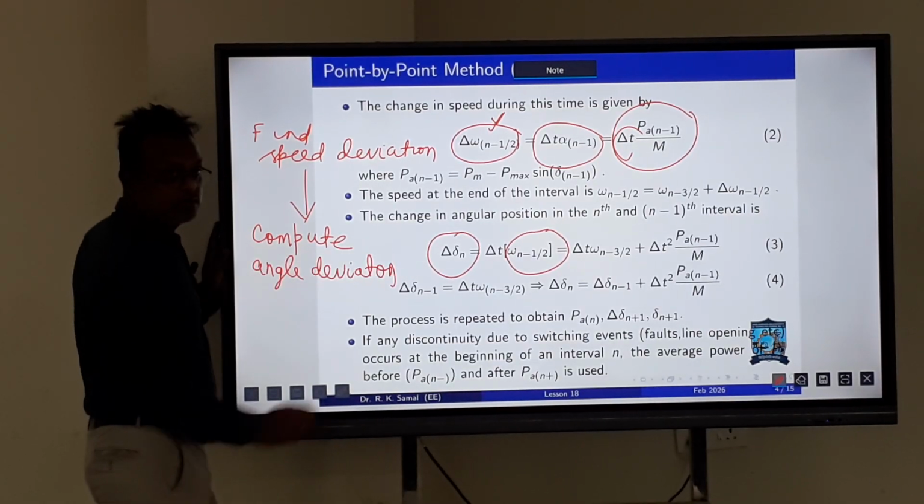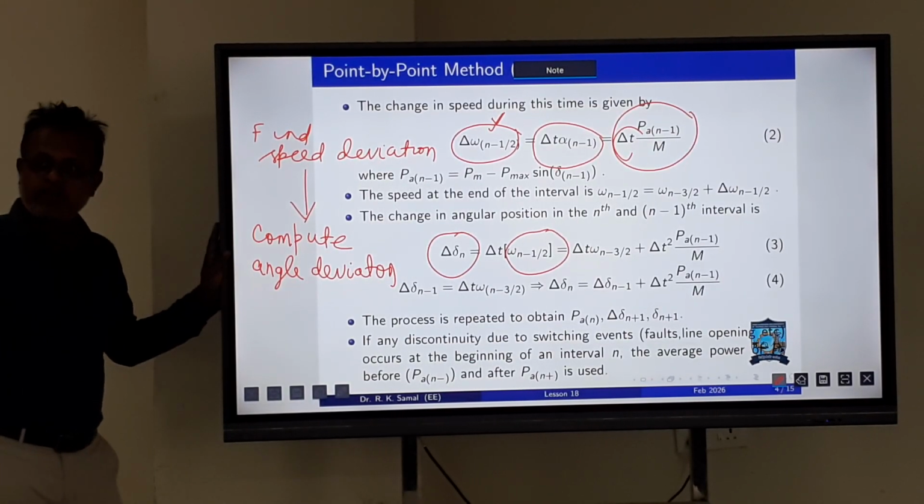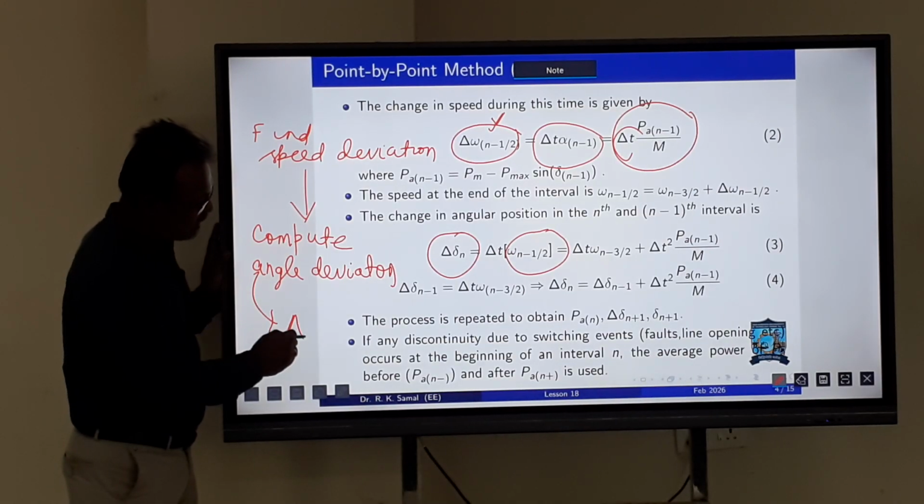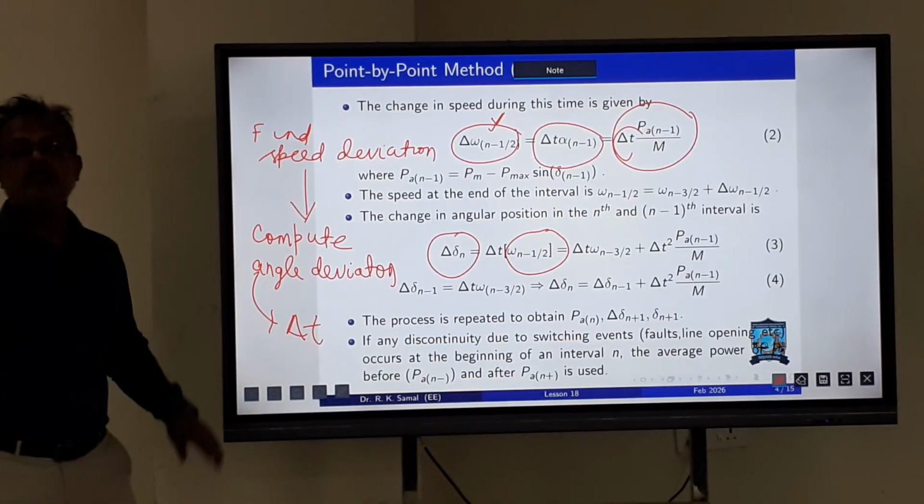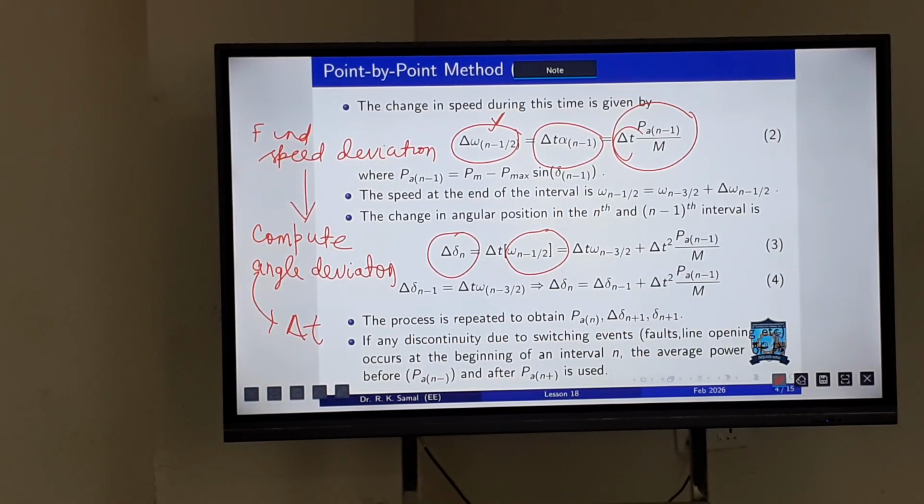The difference here is that you do it for a small interval delta t, because we are considering the acceleration to be constant over that small interval. That is the whole process.